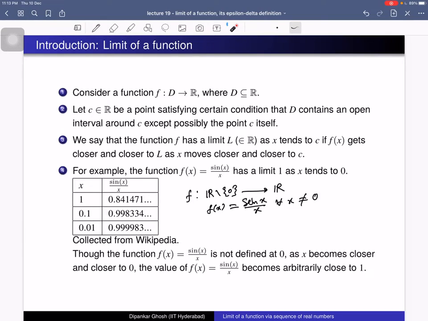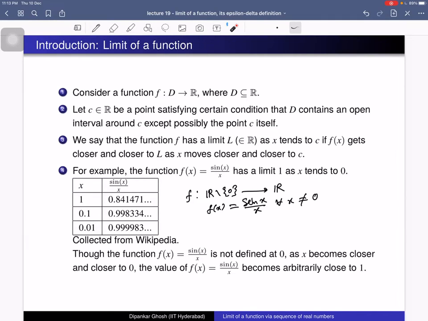Consider a function f from D to R, where D is the domain of this function and is just a subset of R, and consider a point c. It should satisfy a certain condition: D should contain an open interval around c except possibly the point c itself.